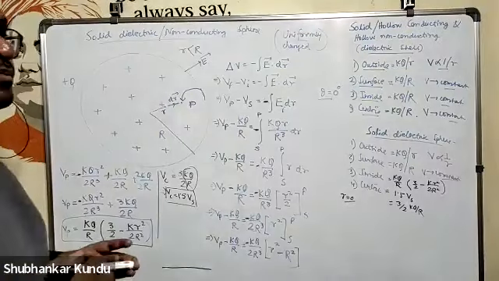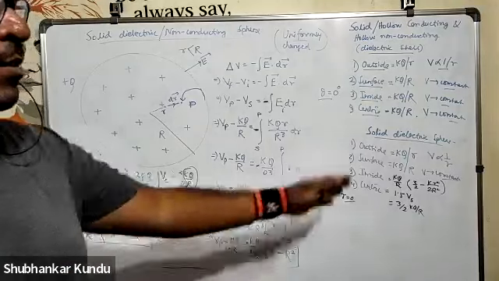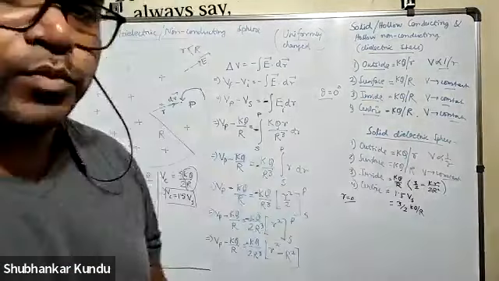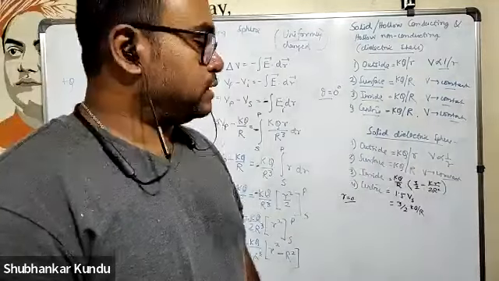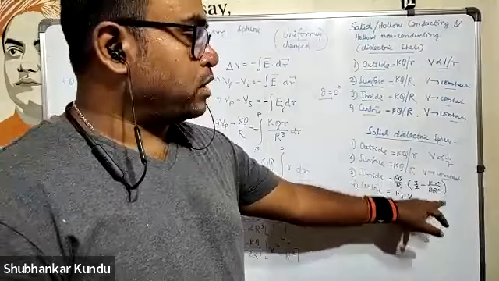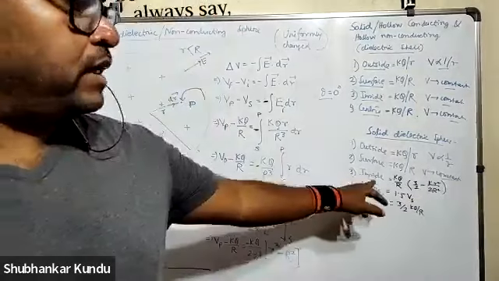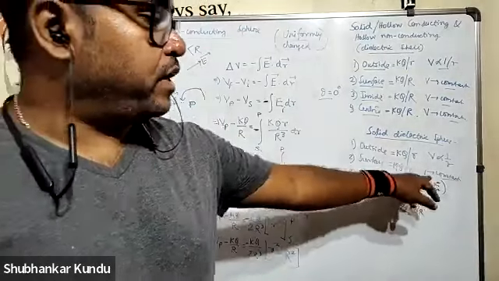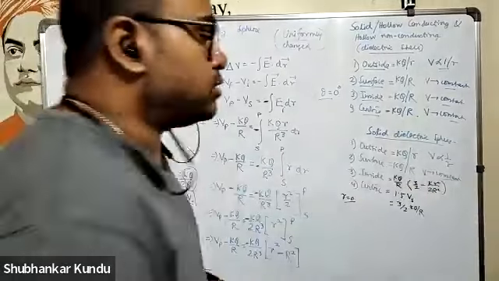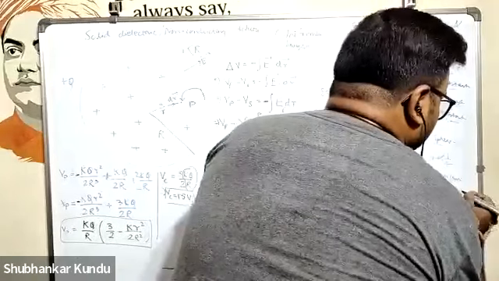Clear? So it means one thing: inside, how is the potential varying with small r, with the distance? KQ upon R is constant, 3 by 2 is constant, K is constant, 2R square is constant. So definitely inside, potential is varying almost proportionally with r square, V proportional to r square.